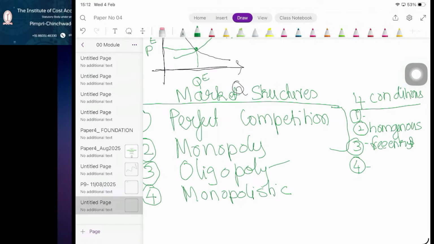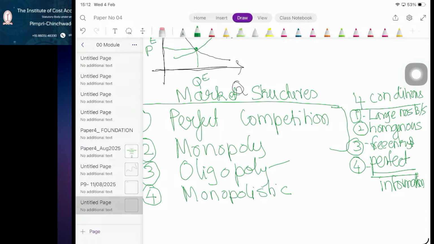Okay, I'll give this to you. This last one is perfect information. Buyers and sellers know all the information relevant to the product.